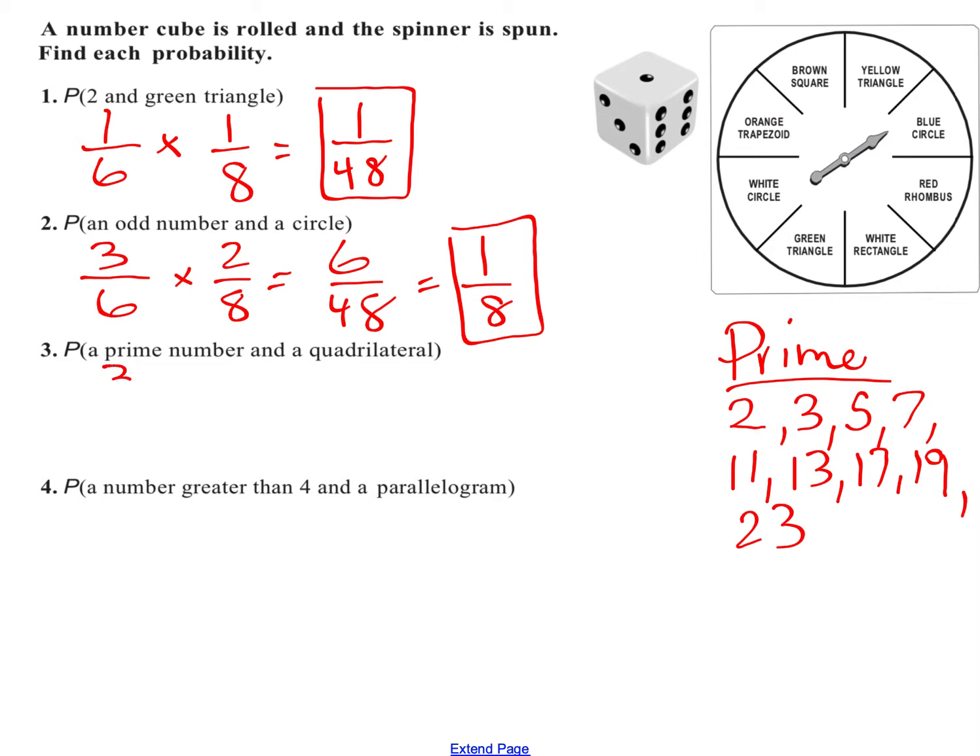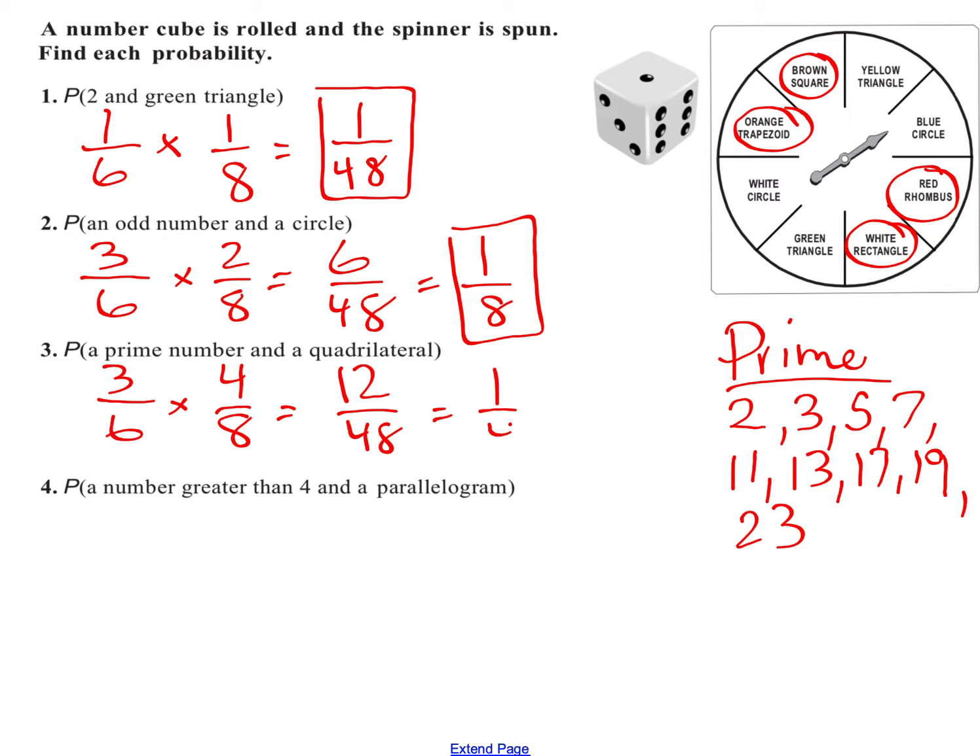That's 3 out of the 6 of them. And a quadrilateral, okay, quadrilaterals include a lot of things. A rectangle is a quadrilateral, so is a rhombus, so is a square, as is a trapezoid. There are 4 quadrilaterals here. This is 12 out of 48, which reduces to a probability of 1/4.